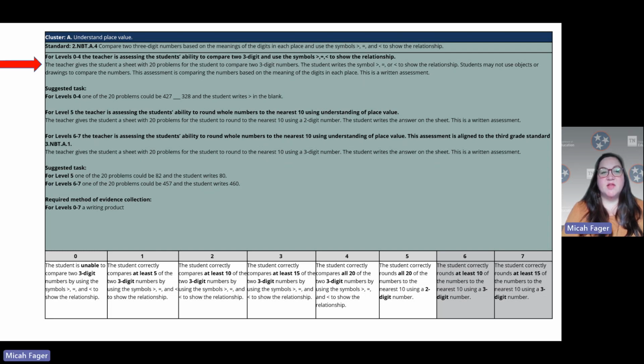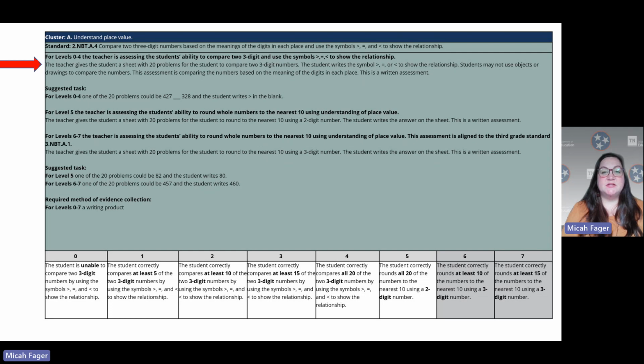When assessing for levels 0 through 4, the teacher is assessing the student's ability to compare two three-digit numbers and use the symbols greater than, equal to, less than to show the relationship. The teacher gives the student a sheet with 20 problems for the student to compare two three-digit numbers.